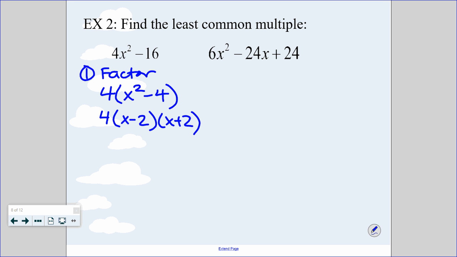So is there anything common in all of them? 6. Okay. So take that out. And I'm left with x squared minus 4x plus 4. Go ahead and factor that.